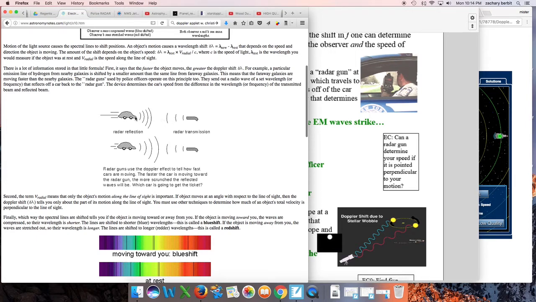It reflects off of the moving car and comes back toward the radar gun. So the radar gun is not just picking up, it's actually sending out a signal which has to reflect and come back. This is why police sometimes have to really aim through an eyepiece and make sure that they're sending the signal at the particular car they're interested in and that it comes back to them.